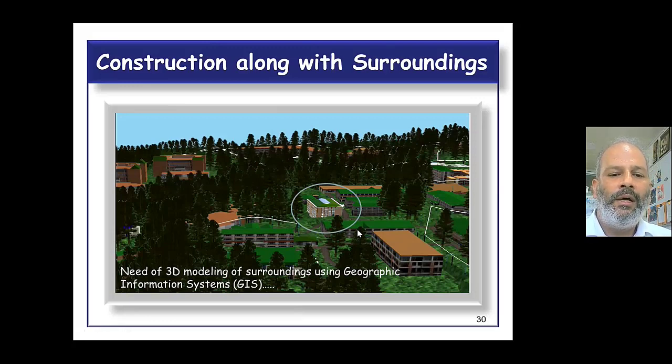So we need 3D modeling of the surroundings using GIS along with the facility which is to be developed. Now we can understand its construction planning, its execution, and its life cycle or its interaction with its surroundings.